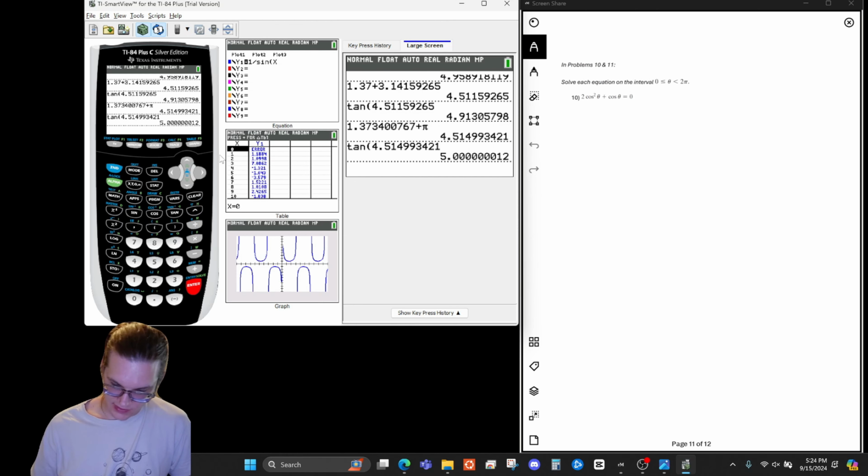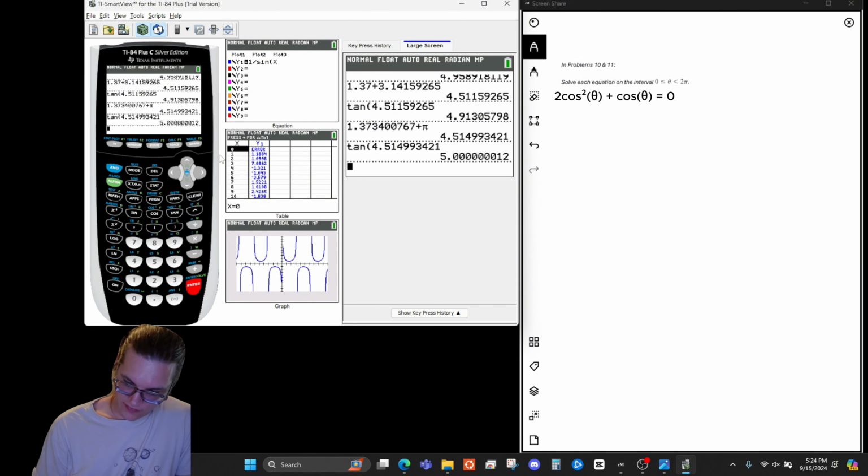Alright, last one. Last 2 problems, I should say. Solve this on this interval. We have to pay attention to that. Okay, so the first thought I have here is, this is 2 cosine squared theta, and I can subtract this cosine from both sides.